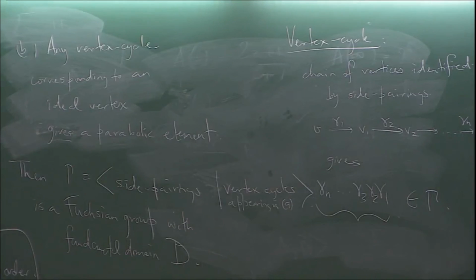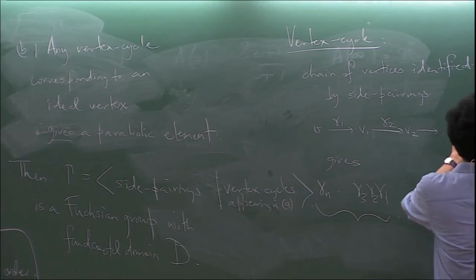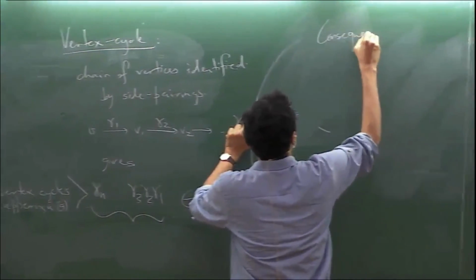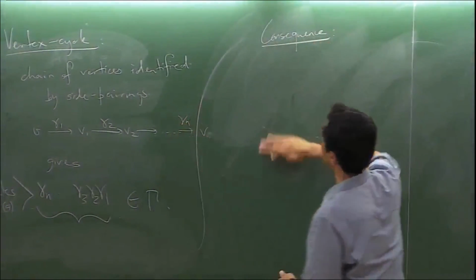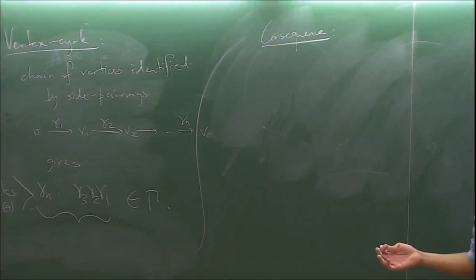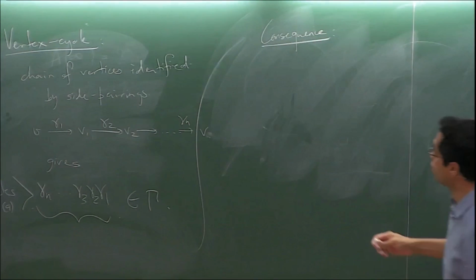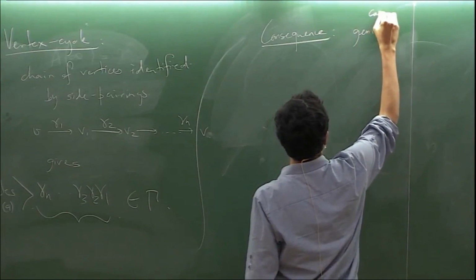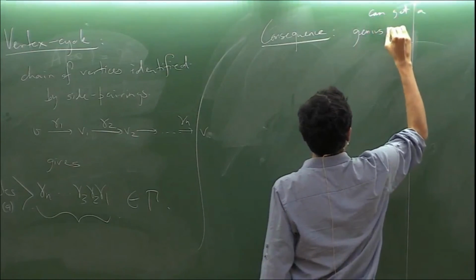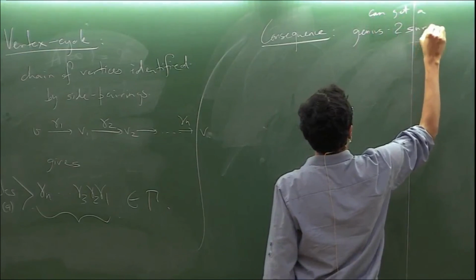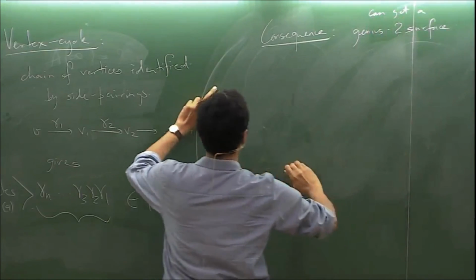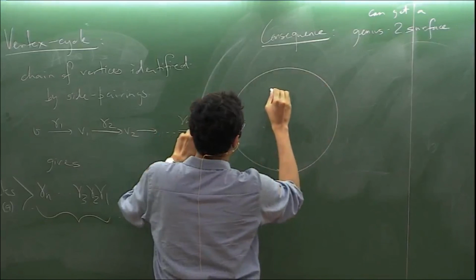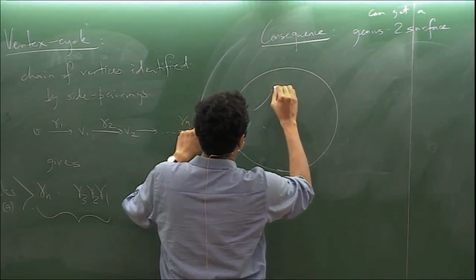Remember what we want are these genus 2 surfaces, genus 3 surfaces, and so on. As a consequence, we can form Fuchsian groups whose quotients are any surface of genus 2 and higher. So to get a genus 2 surface, what polygon do you start with? Well, you have to start with an octagon.